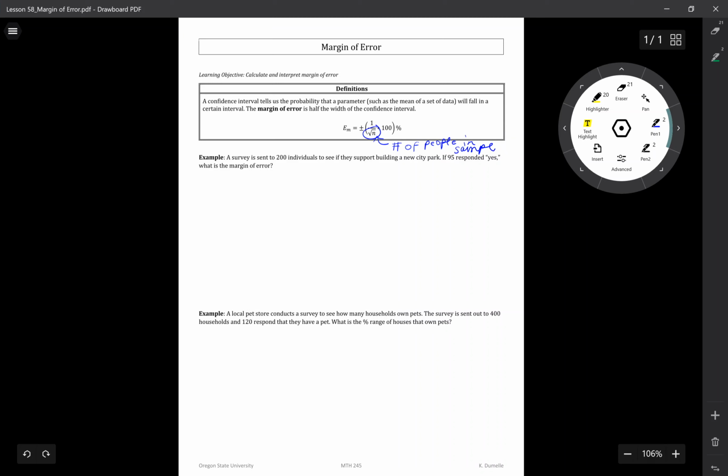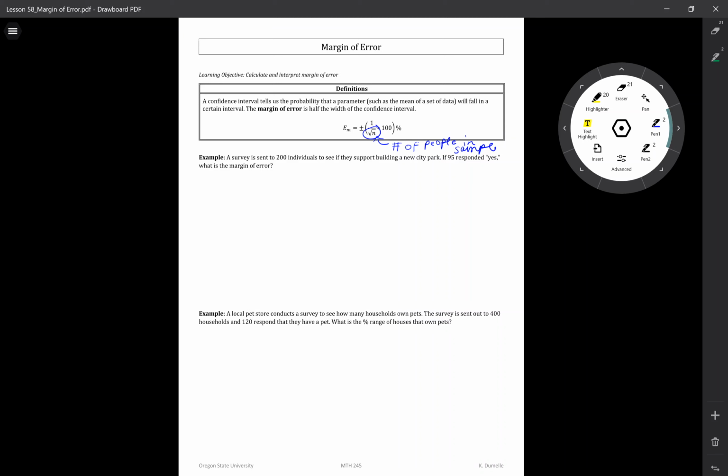So when we take a survey, we cannot take a survey of everybody. So this margin of error tells us how certain we can be that this statement is true for whatever percentage we found to be. So let's do a couple examples, and then we will see what they mean in context.